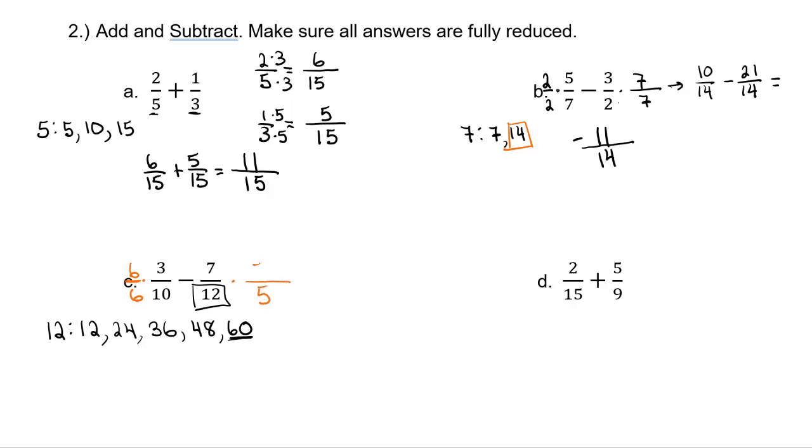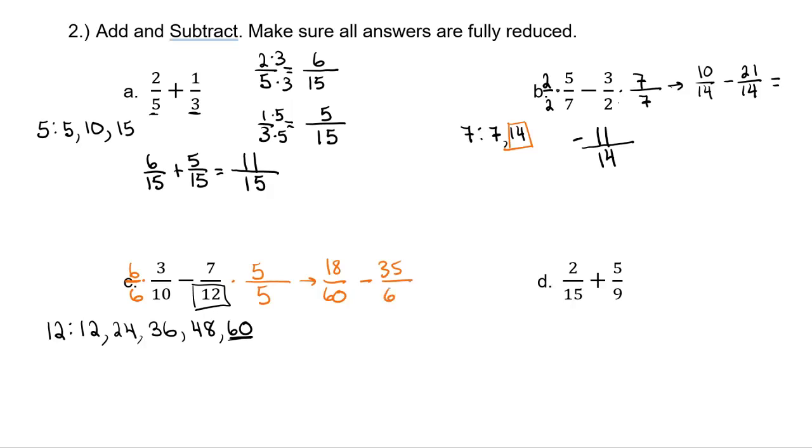Whatever I do to the bottom, I have to do to the top. Hopefully you're seeing the pattern here. Each time your brain is seeing this, it's just strengthening that pathway so that when you encounter these in the future, you won't have to think as hard, and eventually it will become second nature because you've done it so much.